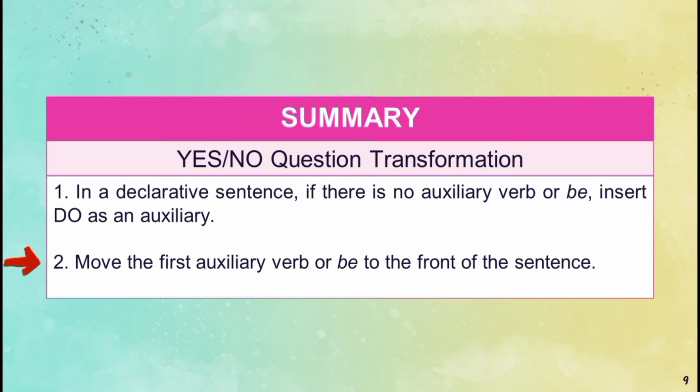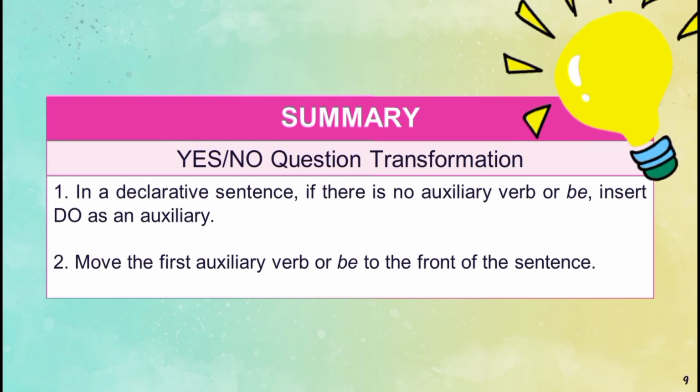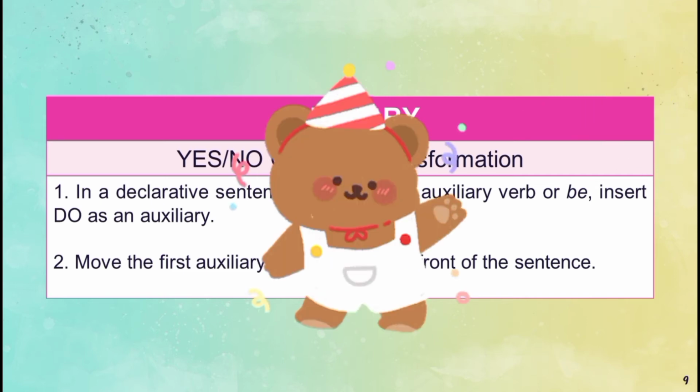And second, which is the last also, move the first auxiliary verb or be to the front of the sentence. And for us to learn how to diagram a yes or no question, let us have Miss Elanga.